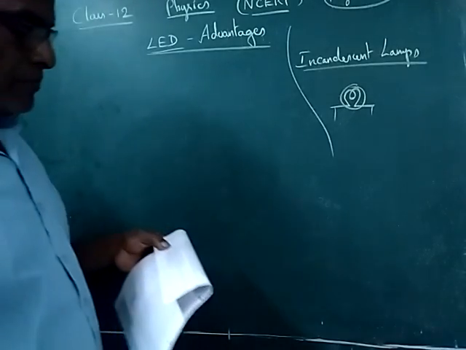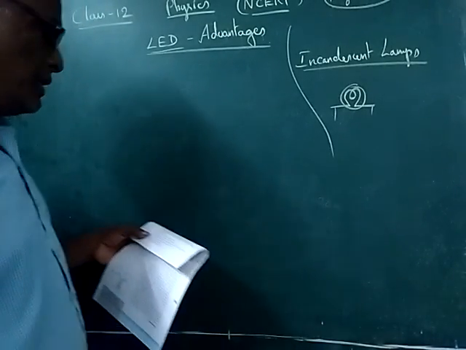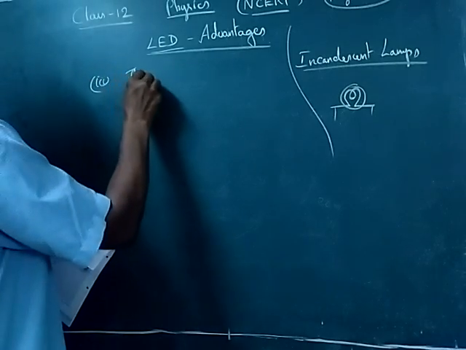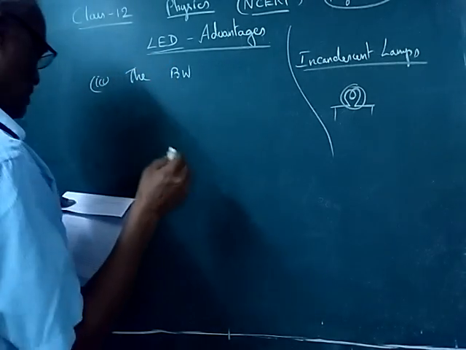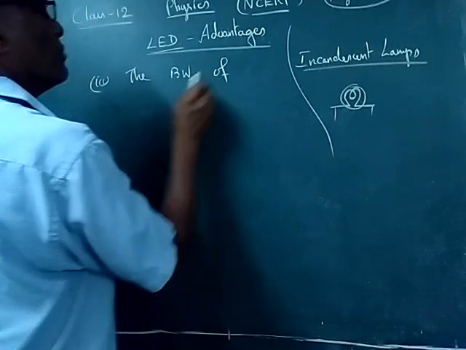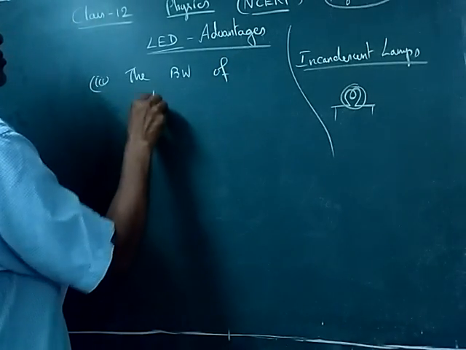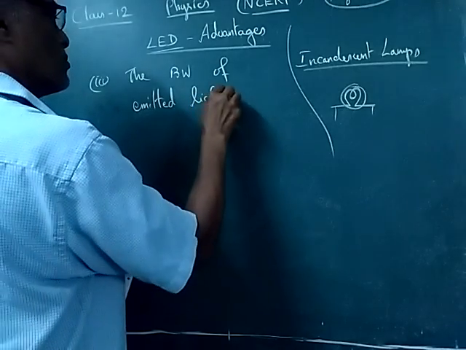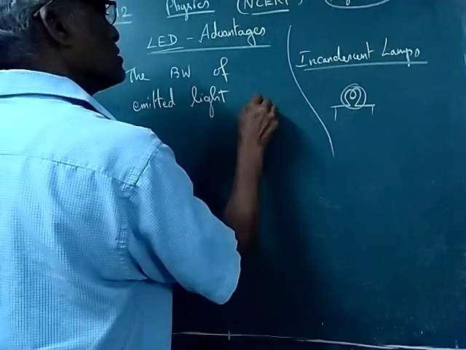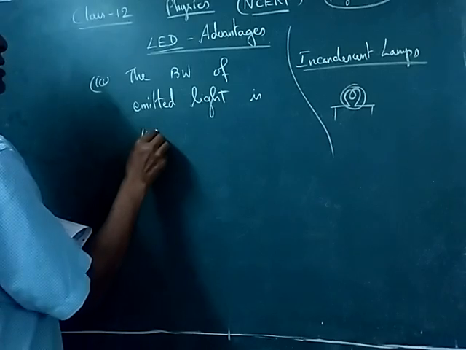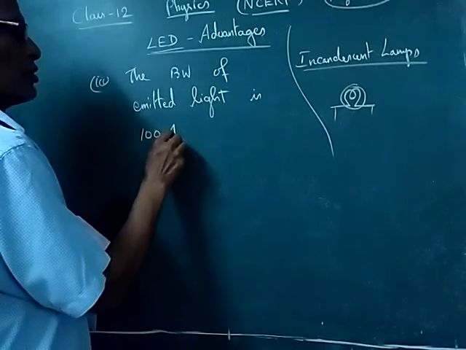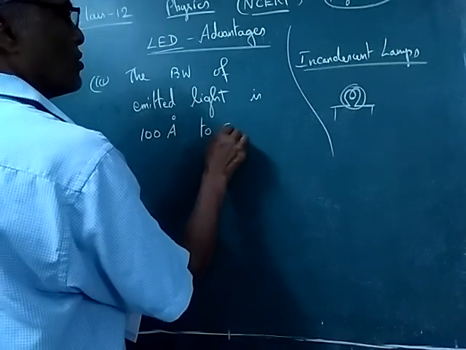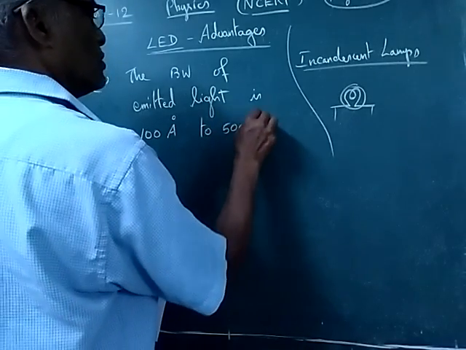Third point, the bandwidth of emitted light. BW means bandwidth of emitted light. The bandwidth of emitted light is 100 angstrom unit to 500 angstrom unit.